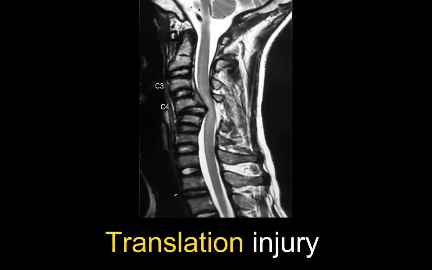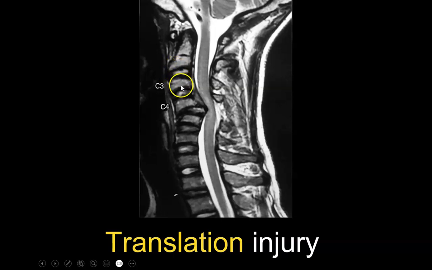And another translation injury is C4 with the disc moving over C5, and this is dislocation. So this is cervical dislocation, as we said. The disco-ligamentous complex is completely or severely disrupted.